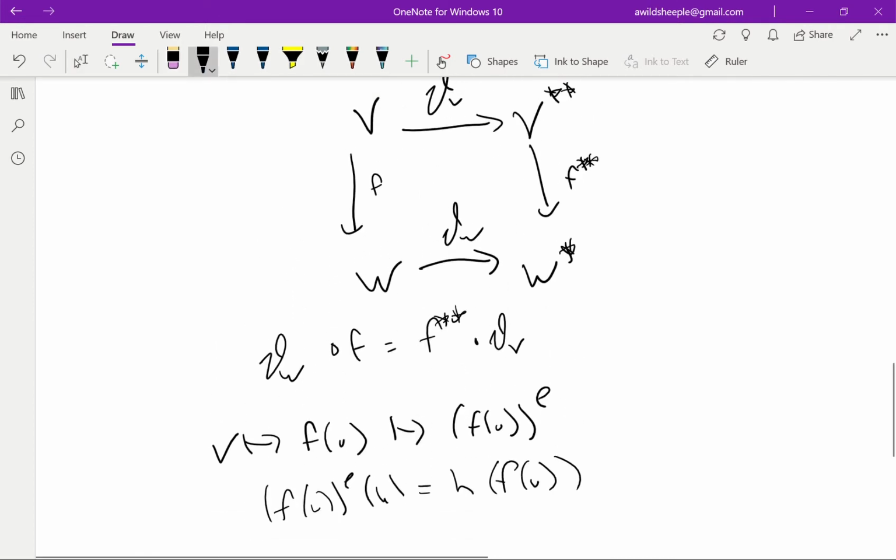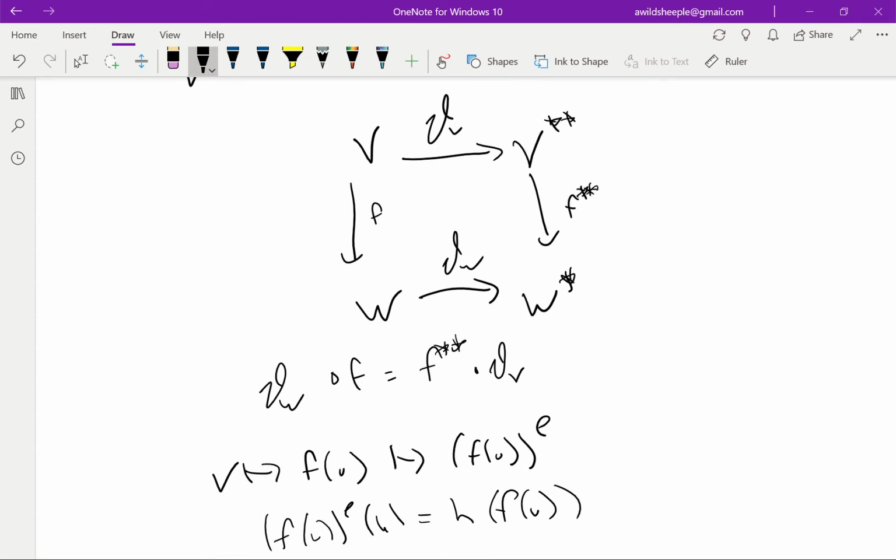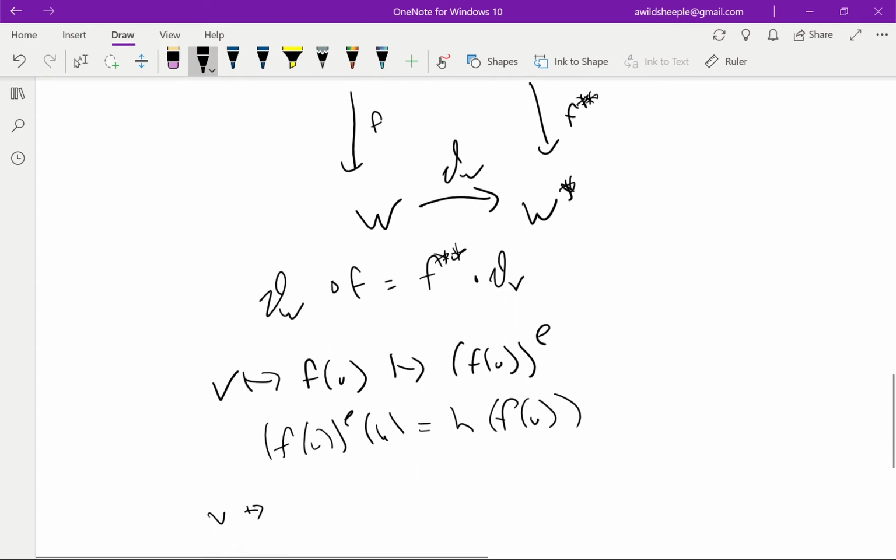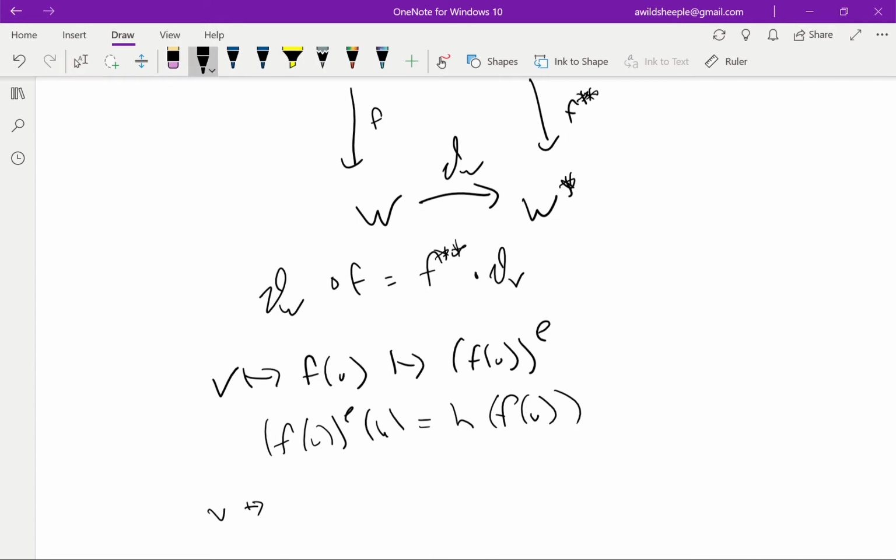On the other hand, if we go the other way around the diagram, then we get v. Maybe I'll just scroll up so you can see it really quick. First we go horizontally and then vertically. Then we get v, and we get v upper e by applying the evaluation functional. And then we feed in our f, which for us will be f star because it would go on the left normally, but since I can remove one star and commute it past, I get v e f star.